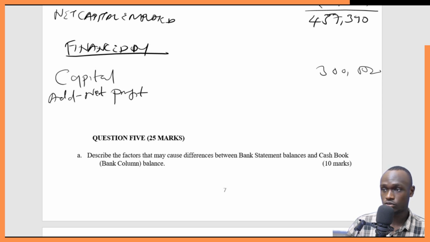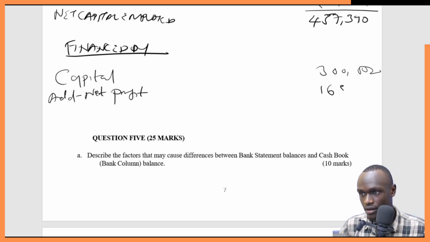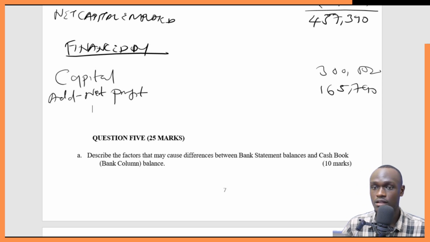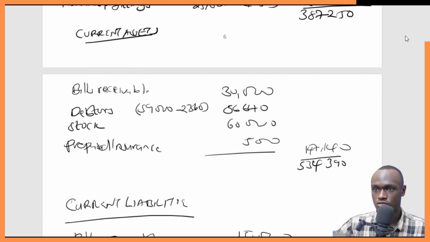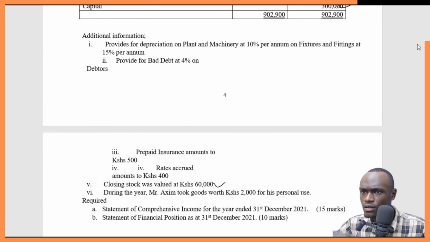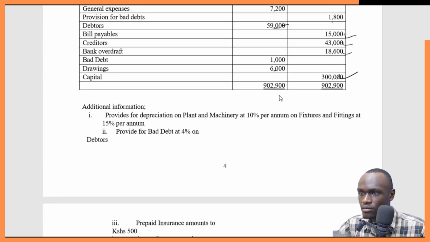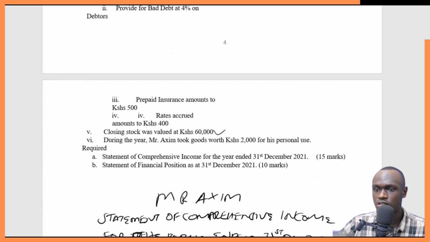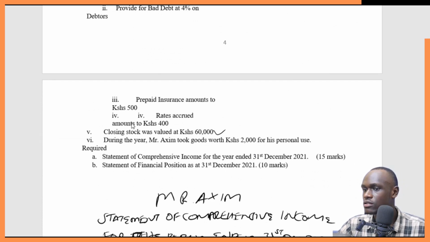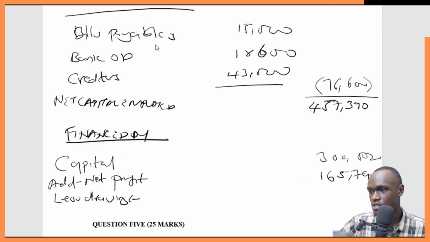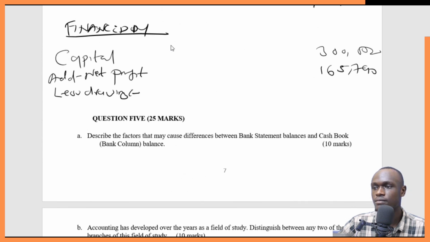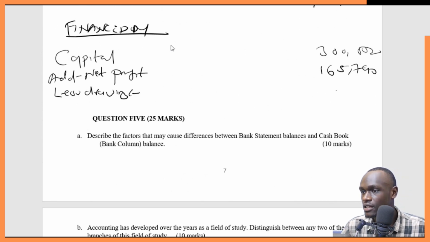Net profit was 165,790, less drawings. Drawings, you are given at the trial balance drawings value of 6,000, but additional information number 6, during the year Mr. Axim took goods worth 2,000 for his personal use. So drawings is 6,000 plus 2,000, which gives us 8,000. So we less 8,000.